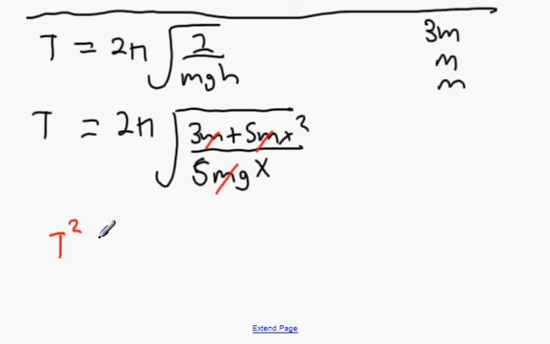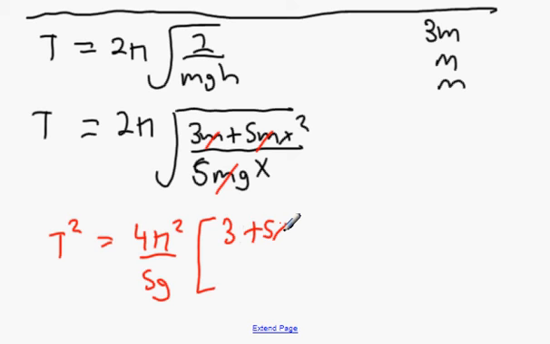And we get t squared equals 4 pi squared, brackets. The 5g is there now, popping out the bracket there. Then we're going to have 3 plus 5x squared all over x. Okay. Now that's done.